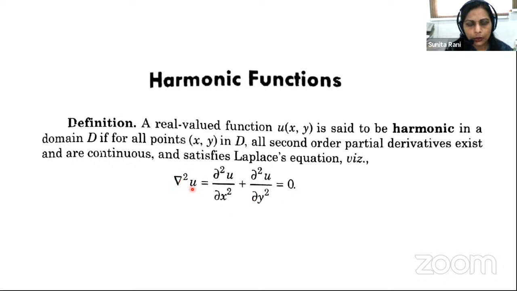That means del square u is equal to curly square u by curly x square plus curly square u by curly y square, and this is equal to zero. Then we can say that the function is harmonic. Del square u equal to zero is the Laplace equation. So we can say that the function is harmonic when the Laplace equation is satisfied.